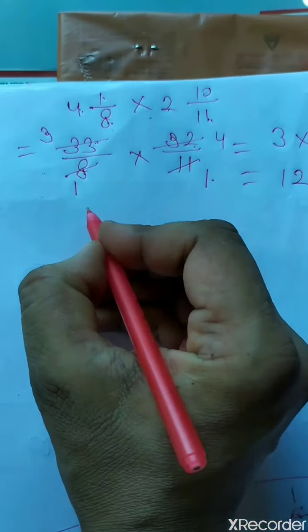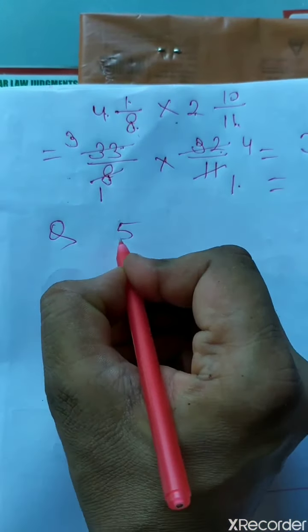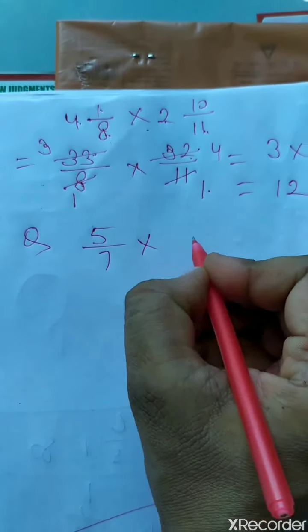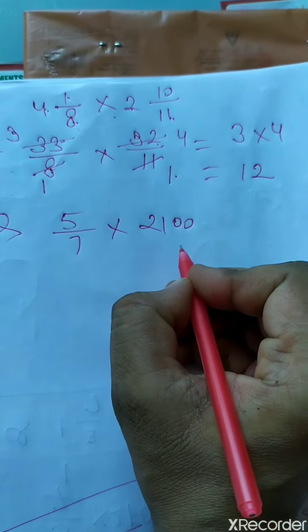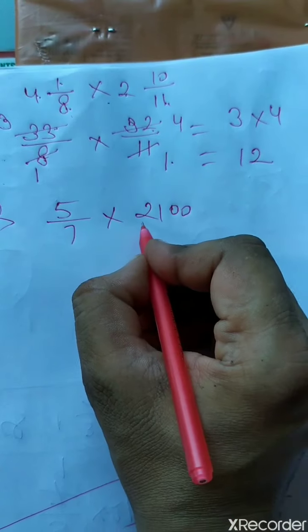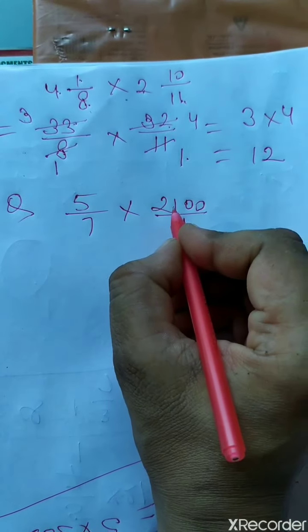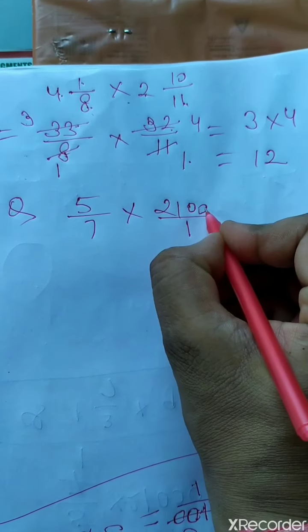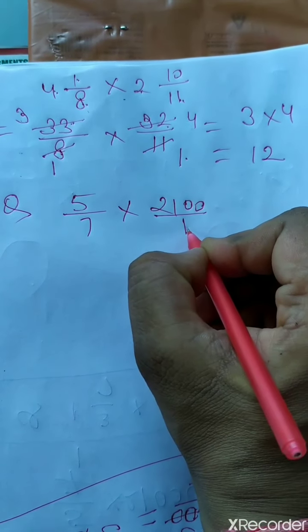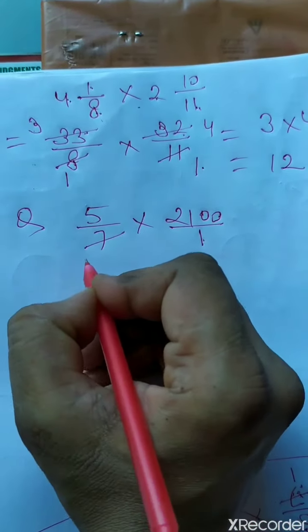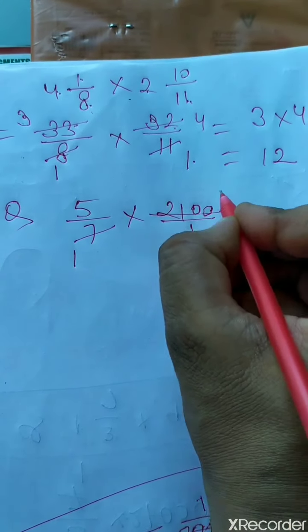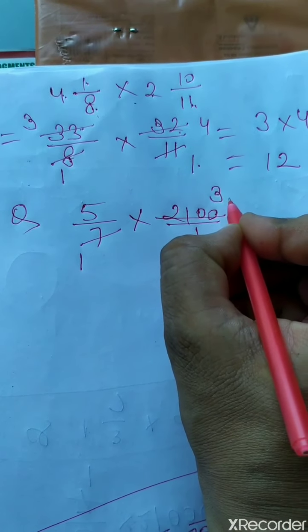Now one more question like this only. Suppose it is given 5 by 7 into 2100. Then 2100 means 2100 by 1. This 2100 is the numerator and 1 is the denominator. Then you will cut 7 into 1 time and 7 into 3 times.